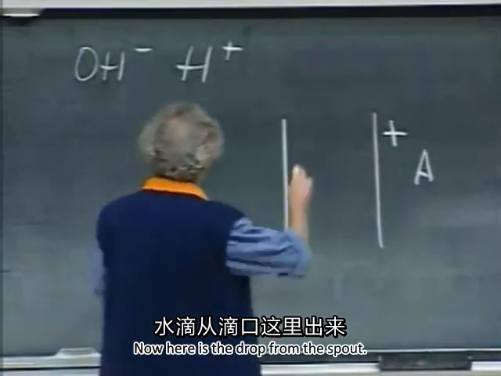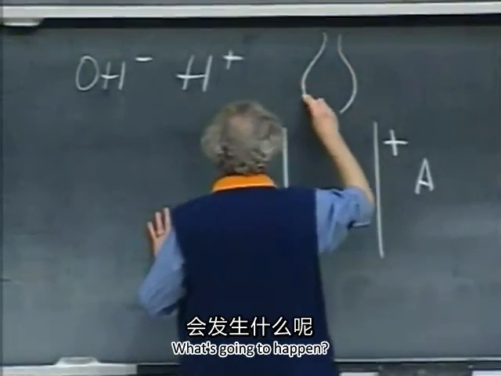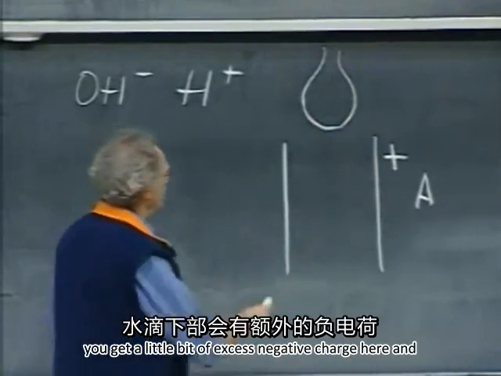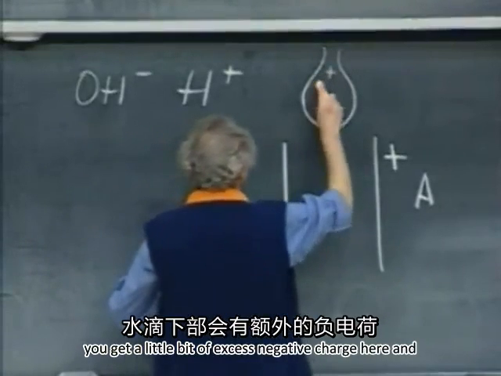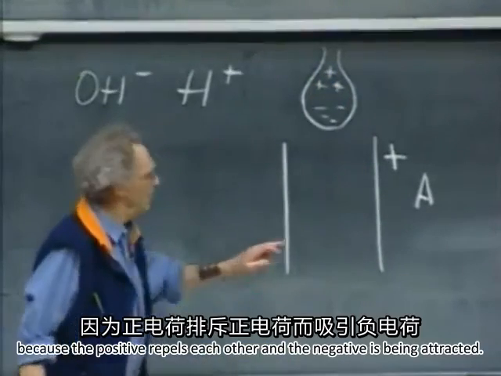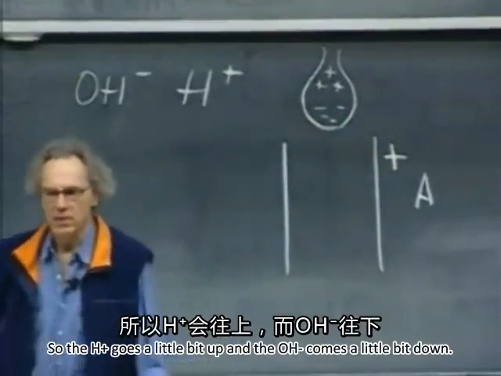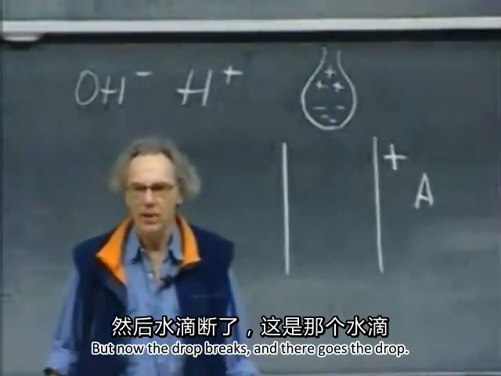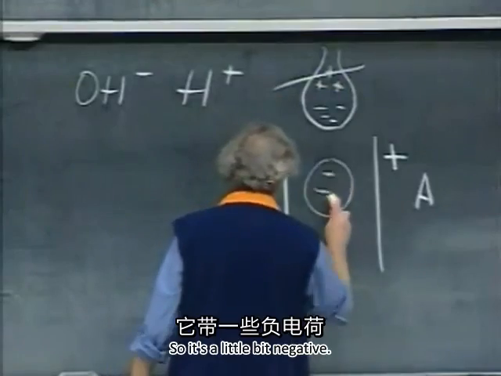And now here is the drop from the spout. What's going to happen? Through induction, through polarization, you get a little bit of excess negative charge here and a little bit of excess positive there, because the positive repels each other and the negative is being attracted. So the H plus goes a little bit up and the OH minus comes a little bit down. But now the drop breaks. And here goes the drop. So it's a little bit negative.